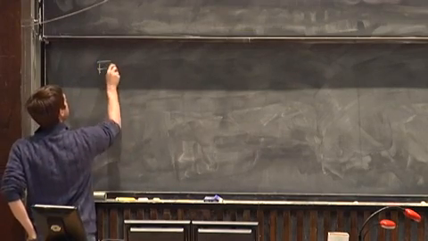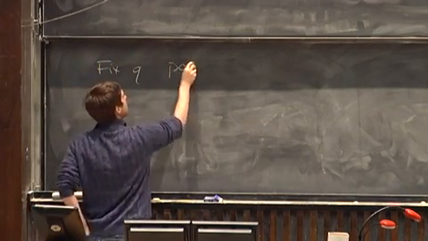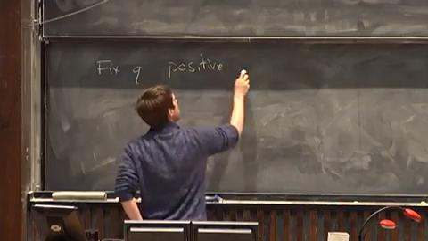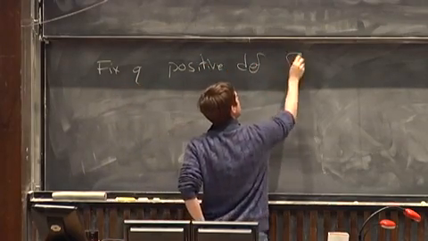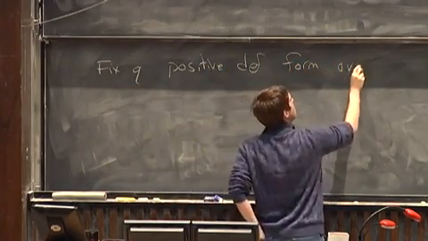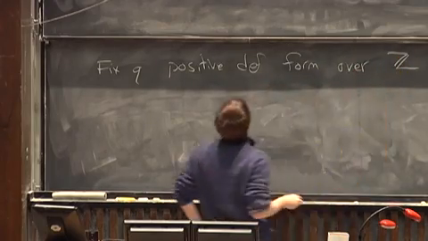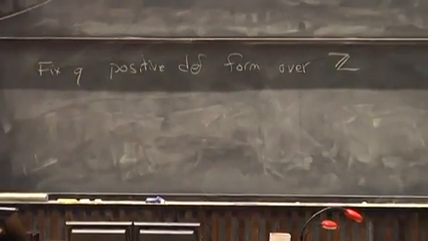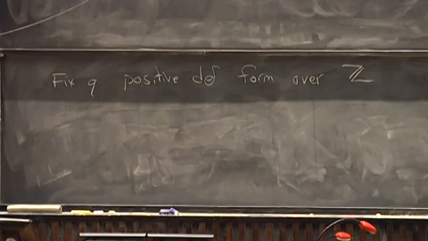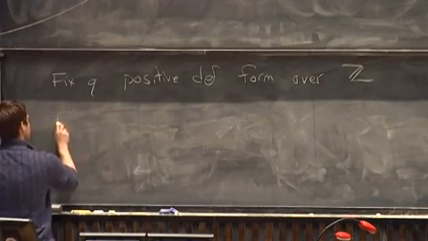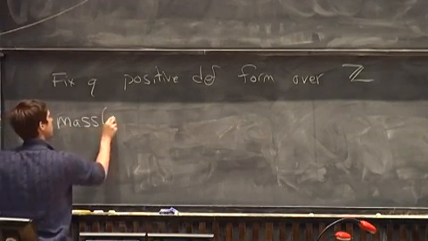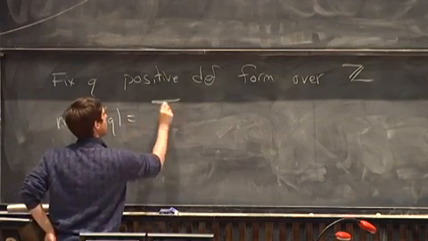So fix Q, a positive definite quadratic form over Z. I'm writing in the dark. Is this visible to everyone? OK. So the mass of Q is defined to be the following.